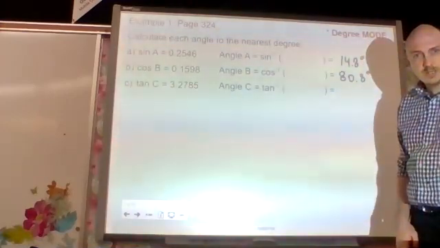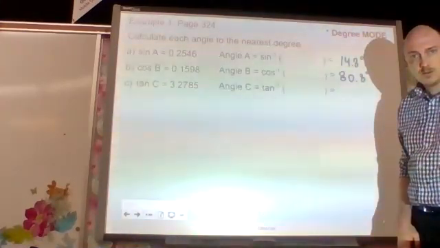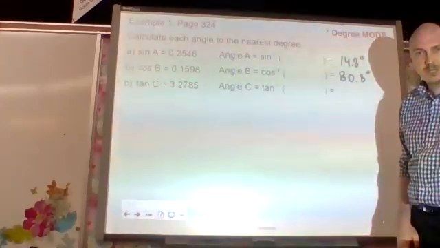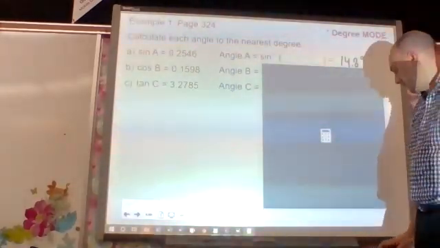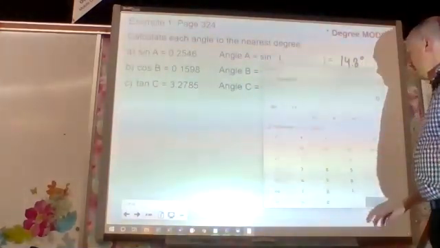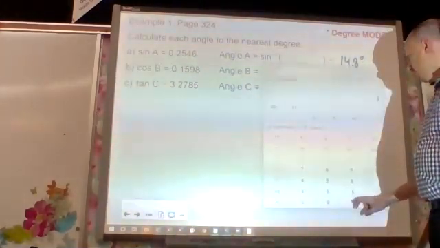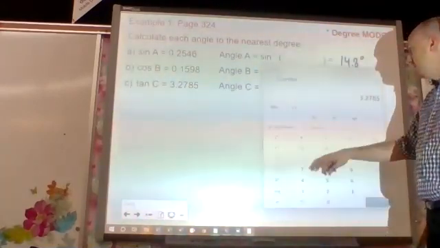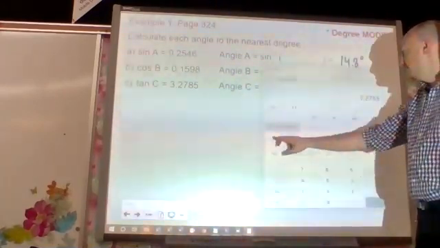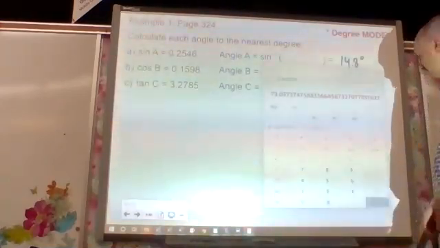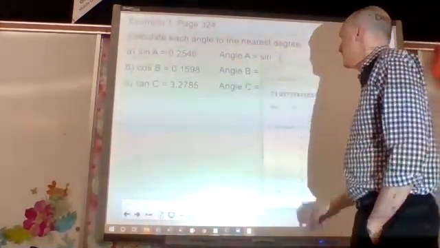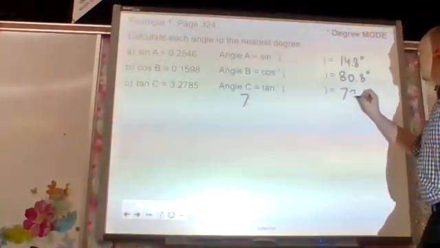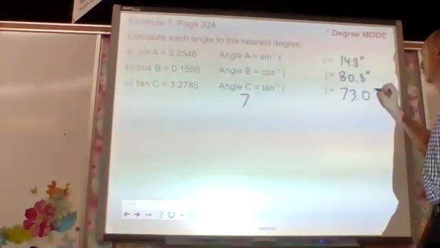Oh, and I closed my calculator completely. Good job, me. Here we go. 3.2785, trig, second, tan inverse is 73.03 degrees. That's 73.0.